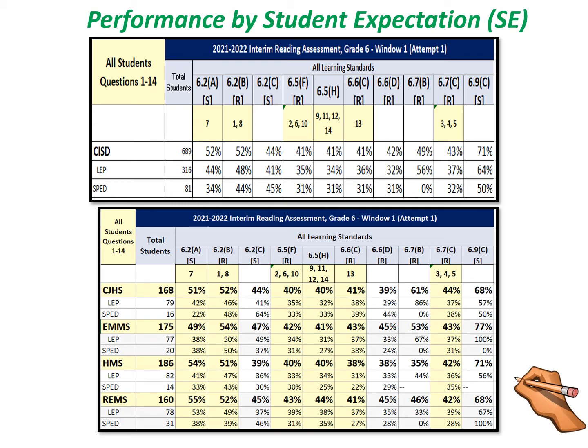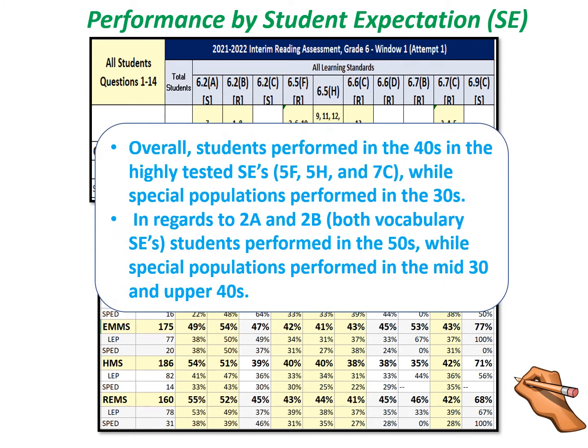And the highly tested again was 5F with 3 questions, 5H with 4 questions, and 7C with 3 questions. So once again, students performed in the 40s for the highly tested SEs. Also note that in those same SEs, special populations performed in the 30s. In regards to 2A and 2B, again, 2A and 2B are our vocabulary SEs.